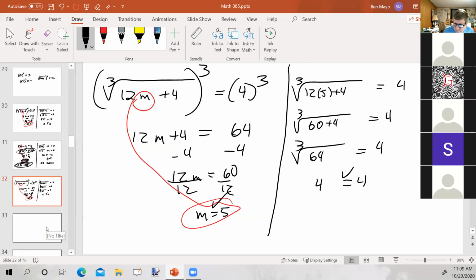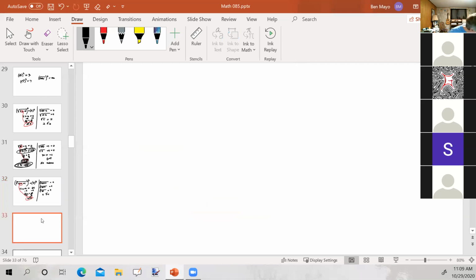Good to go on? Excellent. It says let f of x equal the cube root of 3x minus 6.